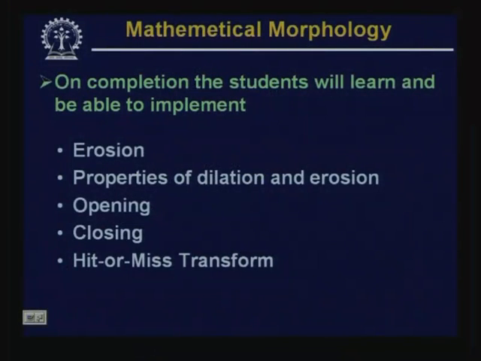So, if we know what is the shape of the object and what is the size of the object that we are trying to locate within a given image, then we can make use of this morphological hit or miss transform, and we will see that this hit or miss transform is nothing but basic morphological operations, that is erosion and dilation operations, in combination with other set operations which we have reviewed in our previous lecture.